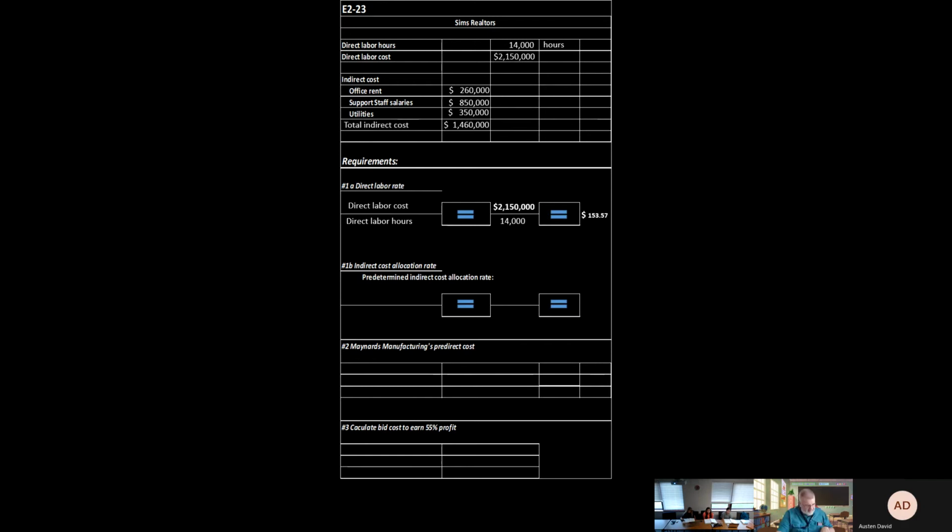Story problem. It says the indirect allocation rate computed as a percentage of direct labor. Oh. Okay, so instead of the support staff labor, it's going to be the direct labor cost. So our indirect labor rate is going to be the total indirect cost divided by, and then what are we dividing it by?